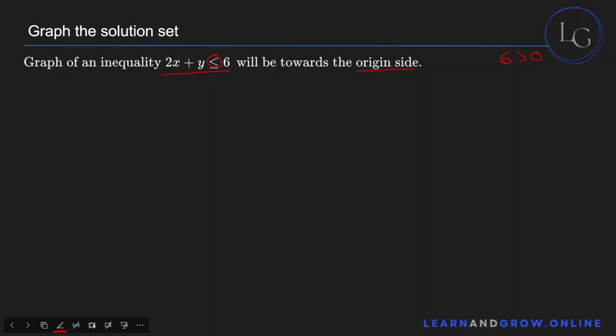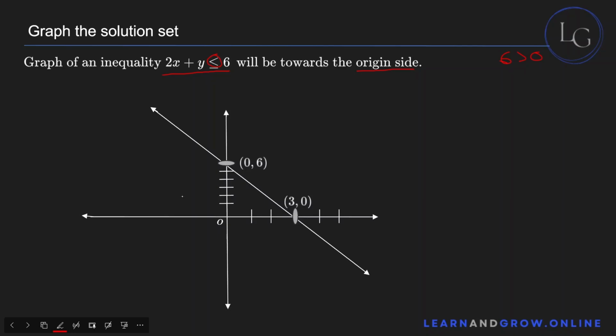What do we mean by that? Well, you see this? This is the graph of the associated equation, the line of 2x plus y is equal to 6, right? But we have an inequality given to us. When there is an inequality, there will always be a shaded region.